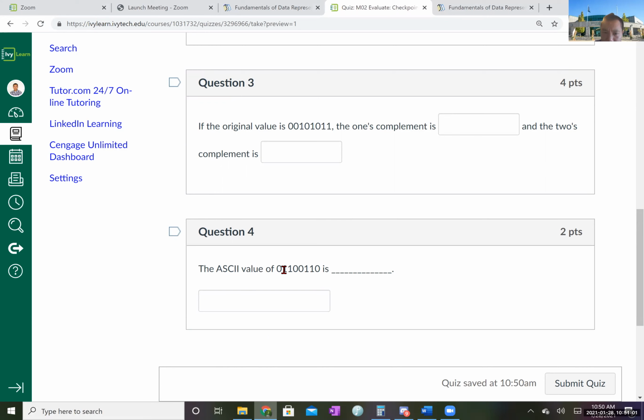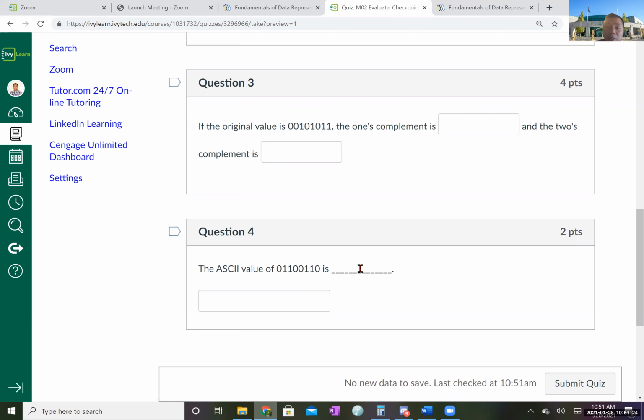When you convert it, you have 64, 32, 4, and 2, which adds up to 102.